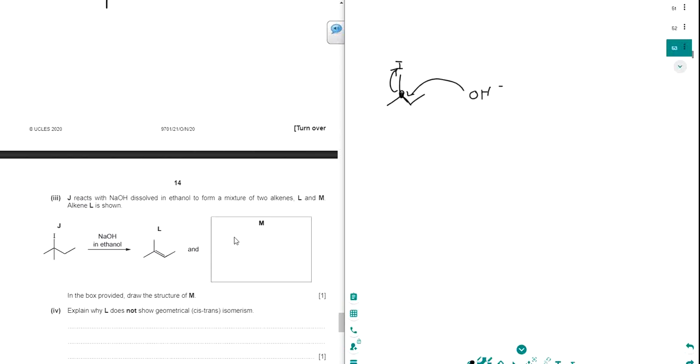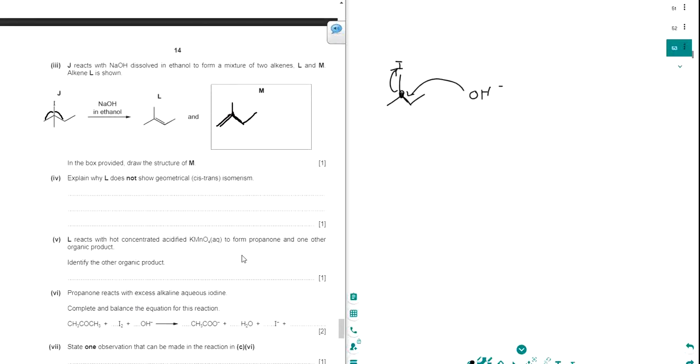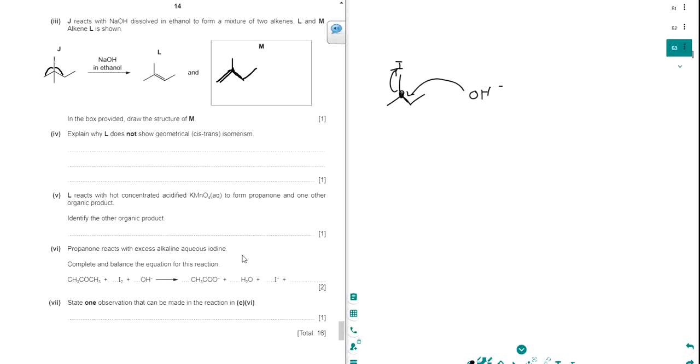So we have two options here, and the double bond can either go to that side here or to that side. So the other option is the double bond here. So these are the two isomers.